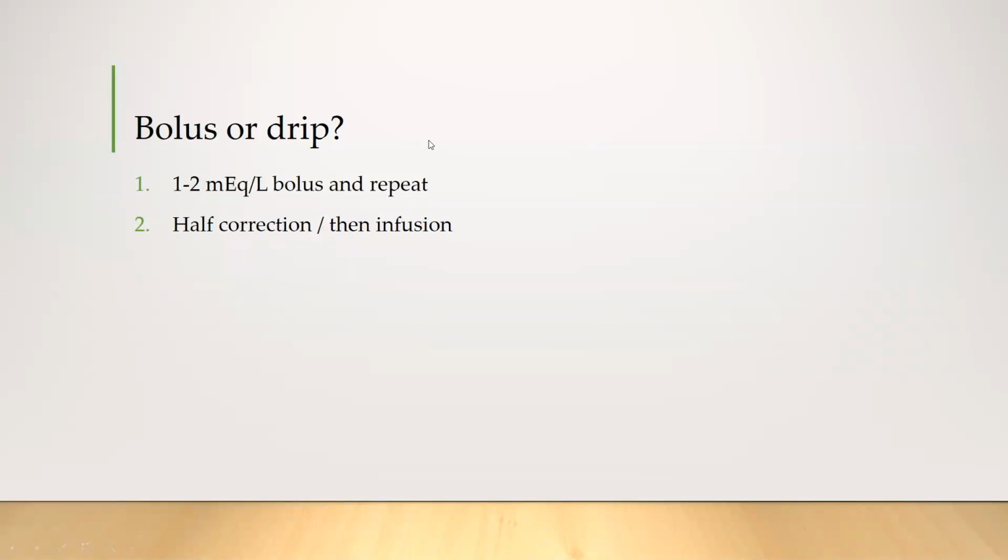Now, how you want to give it, whether pure or diluted to 4.2%, I think our current pharmacy formulary suggests that you should give it as a 4.2% infusion. Other suggested measures: you could give a half correction of the deficit first and then a slow infusion to complete it.